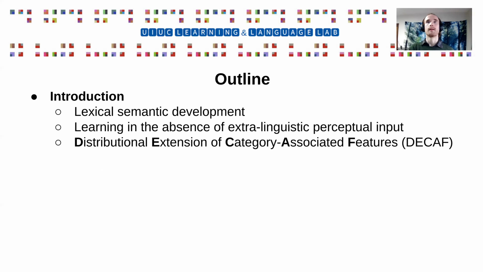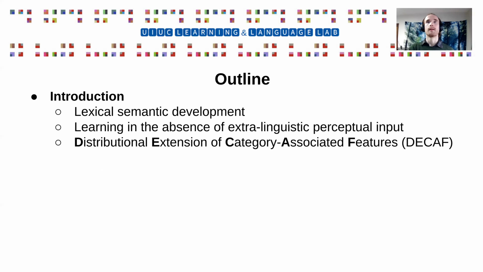They can be propositional or experiential, whatever your favorite theory of semantic properties and meaning is. Essentially, children are faced with having to map words onto these semantic features. And we call this the word referent mapping problem in language acquisition.